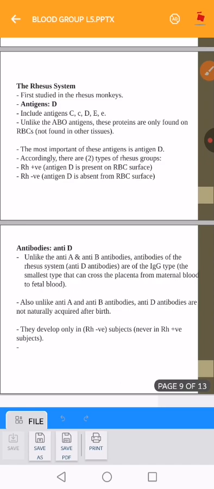The antibody against the antigen will attack it and result in destruction of the RBCs. So anyone with a positive blood group doesn't have anti-D, and also the negative, because as we mentioned, the antibody against the antigen is not naturally acquired. It just happens if someone receives blood from outside the body. Okay, we're going to mention how it happened.